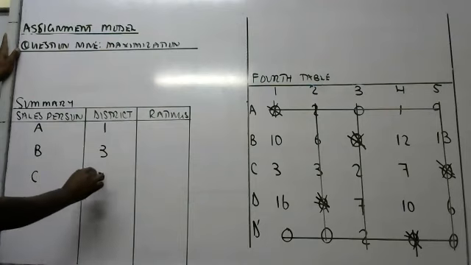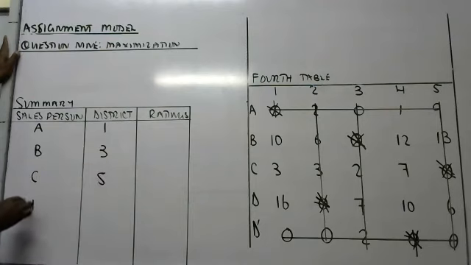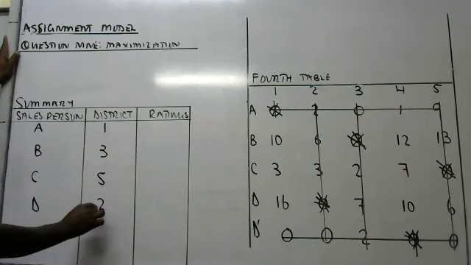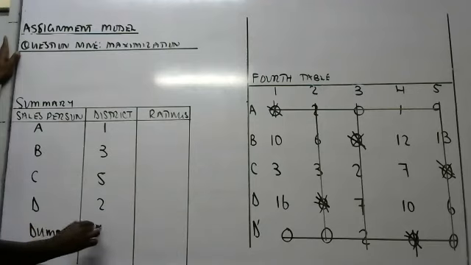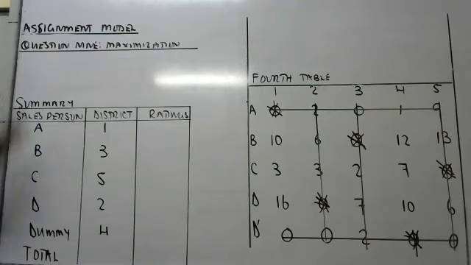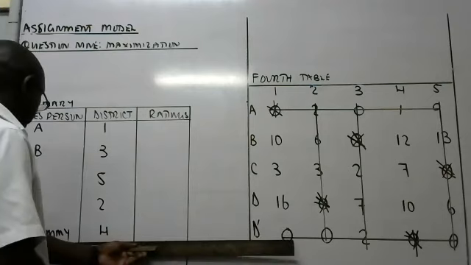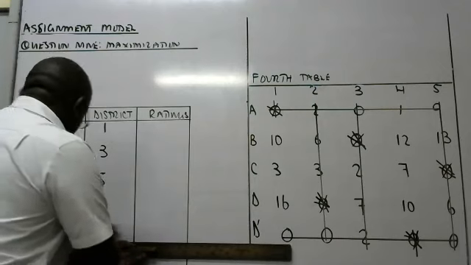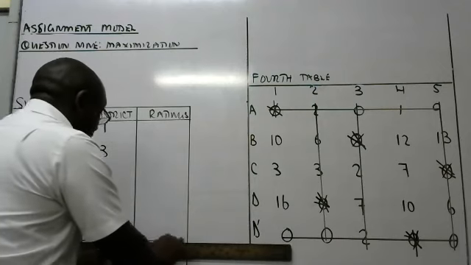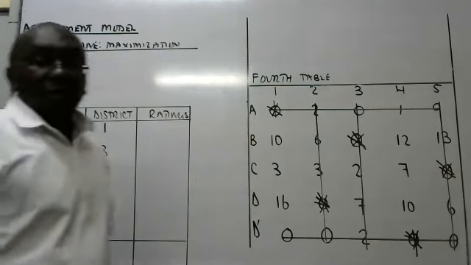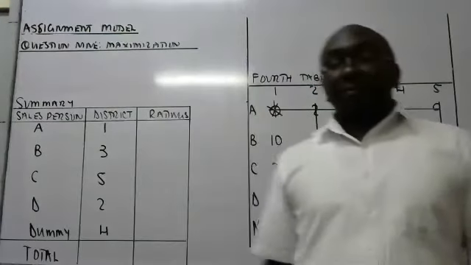C will go to number 5. D goes to number 2. Dummy goes to number 4. And then the total. The practical meaning of the dummy is that in area 4 we will not send anyone. Area 4 there will be no one that will be sent. That's the practical implication. Area 4 you will not have anyone.